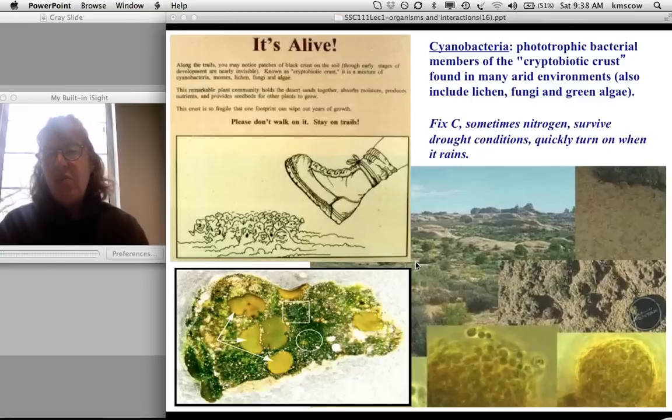And then they get other elements out of the rocks. And so they're really important in arid environments. They're present throughout most soils, but they tend to play a bigger role in arid environments, and that's because plants, those greedy things, haven't crowded out everybody else by creating shade.